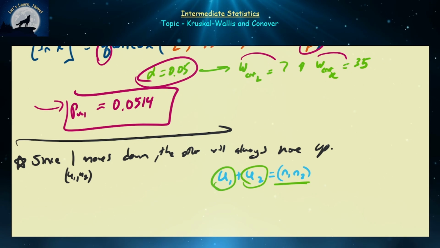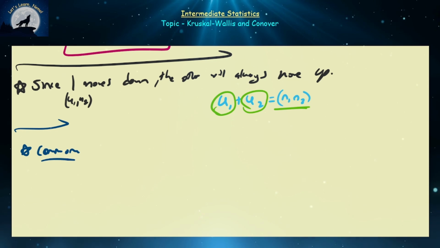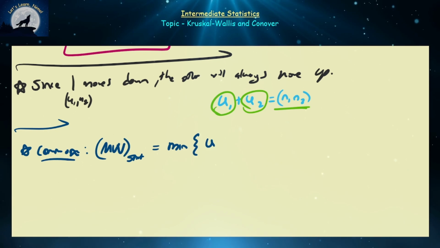So technically speaking, we should not be looking at a two-tailed test here, because we already know what the other tail is going to do when we already know what either the left or right tail looks like in terms of extremity. So what is common for the Mann-Whitney tests? What the Mann-Whitney test does is it defines as the test statistic, instead of looking at both, the minimum of U1 and U2, right?